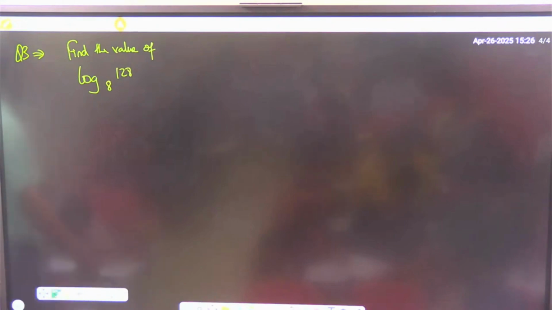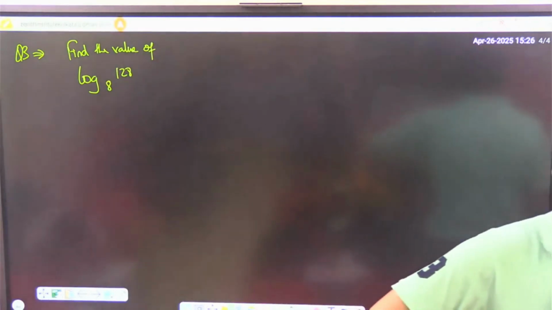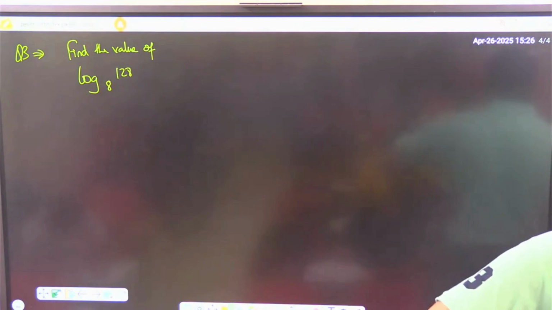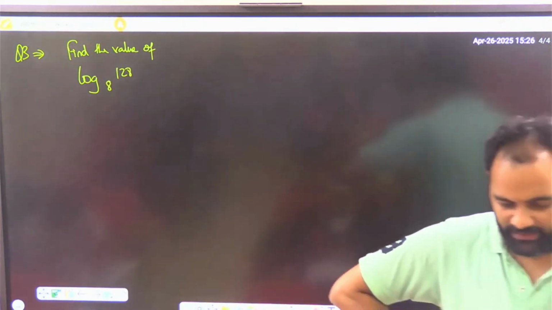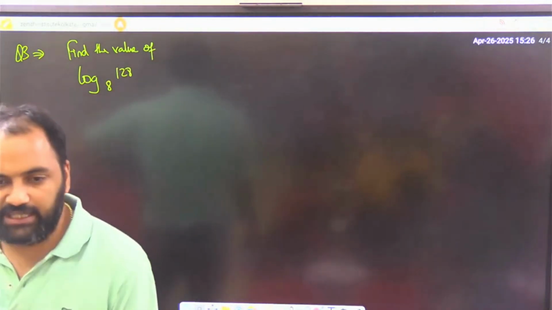This is based on the last property that we did. What can you write 128 as? 2 to the power 7. And what can you write 8 as? 2 cube.